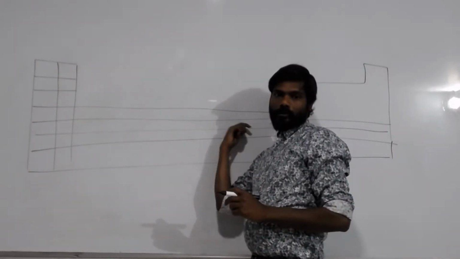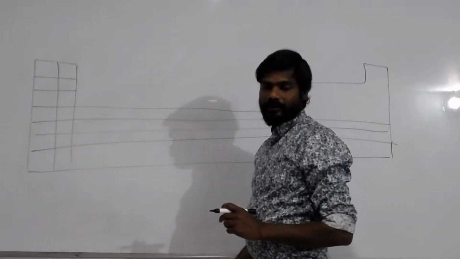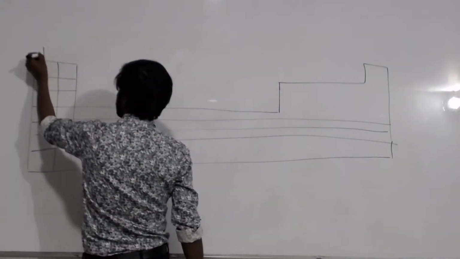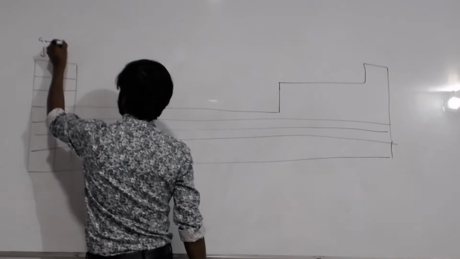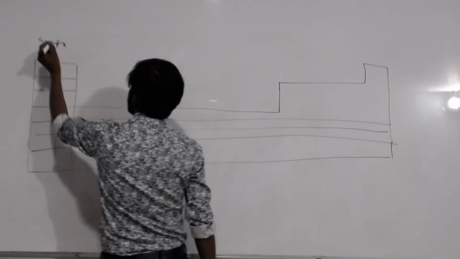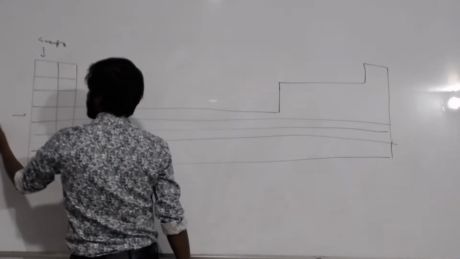These horizontal rows are called periods. So these are the groups, while these are the periods.